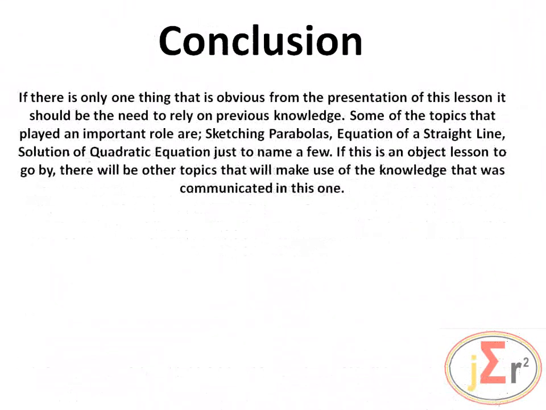If there is only one thing that is obvious from the presentation of this lesson, it should be the need to rely on previous knowledge. Some of the topics that played an important role are sketching parabolas, equation of a straight line, solution of quadratic equation, just to name a few.